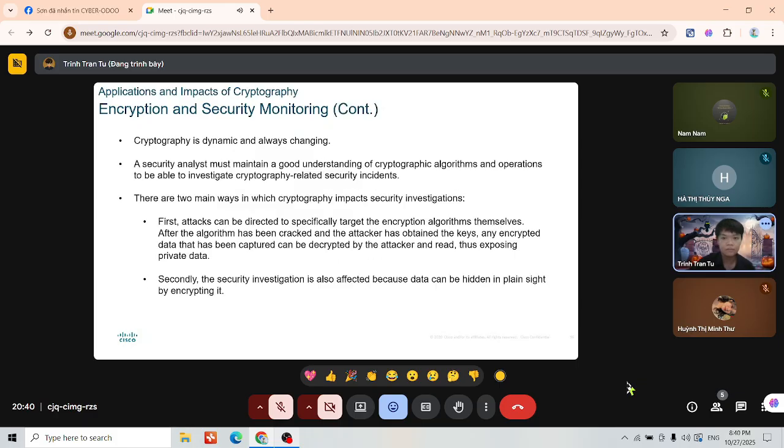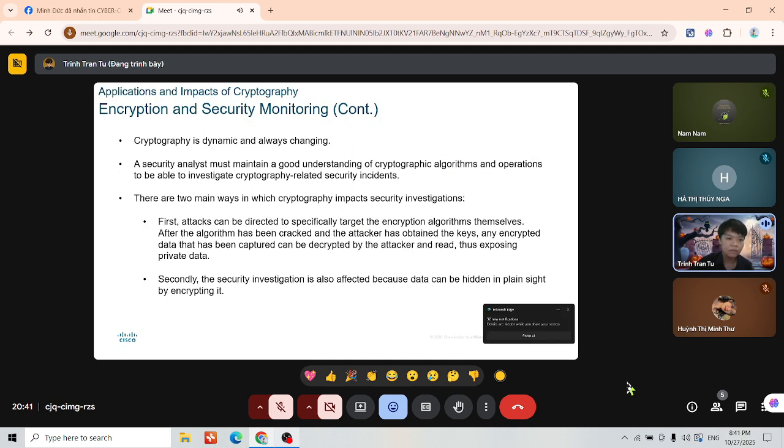And finally, 6. Remember that cryptography is never static. An algorithm considered secure today may be broken tomorrow. Cryptography affects security in two ways. Number one, an attacker may target the algorithm; once a key is decrypted, previously collected data becomes exposed.